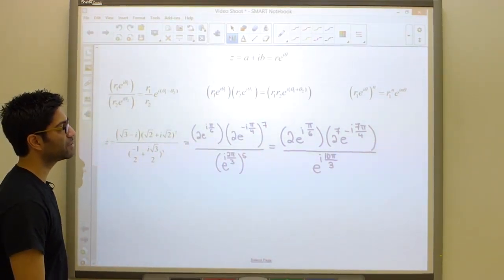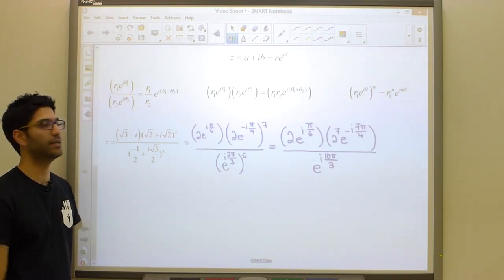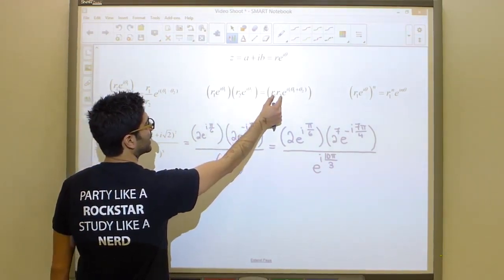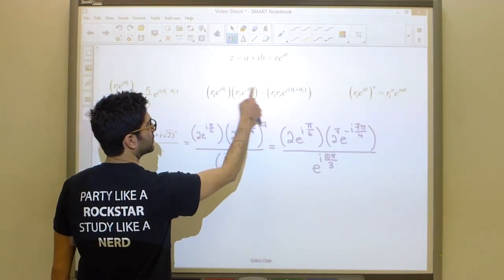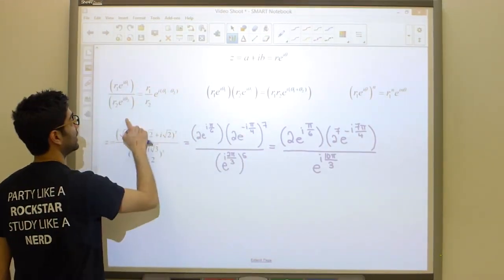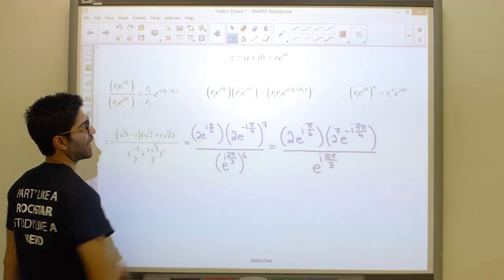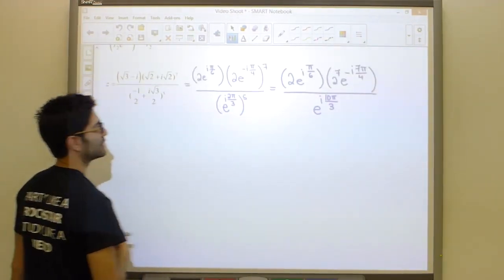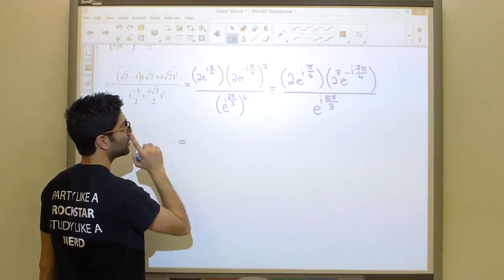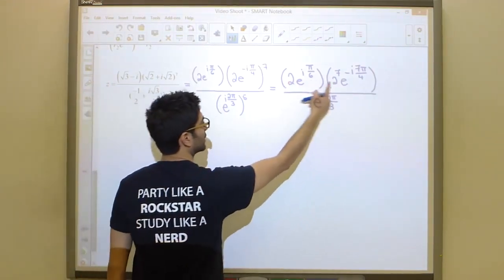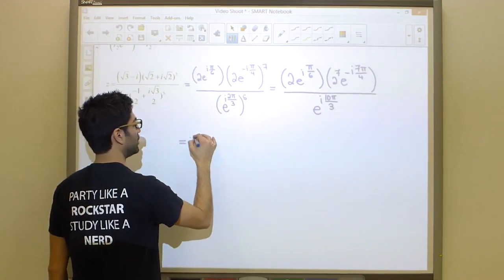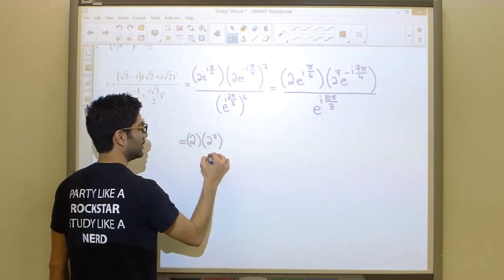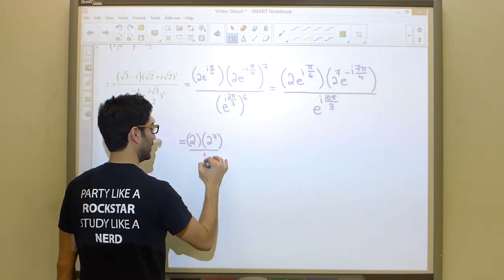And now we can do pretty much everything else in one step, guys. Remember, if we are multiplying, these numbers get multiplied and the angles add up. If we are dividing, the r's get divided and the angles subtract. We can do all of that in one step. Let's deal with the numbers first. So let's multiply and divide our numbers. I'm going to have 2 times 2 to the power of 7 divided by the number down here, which is 1.